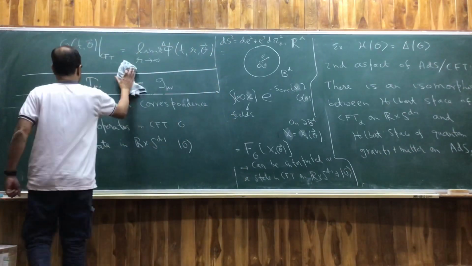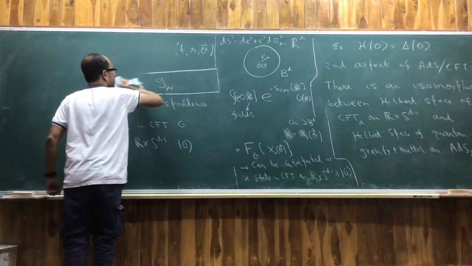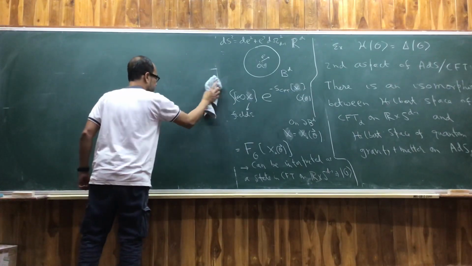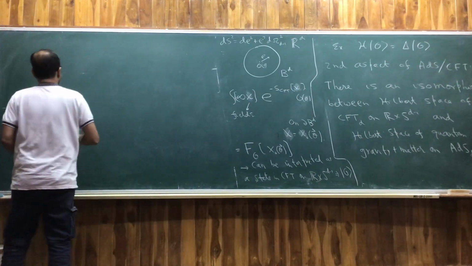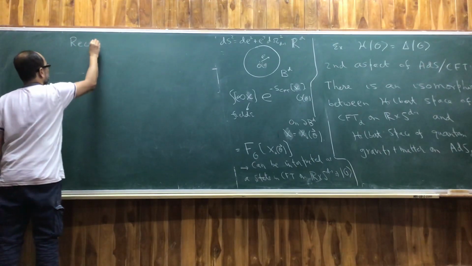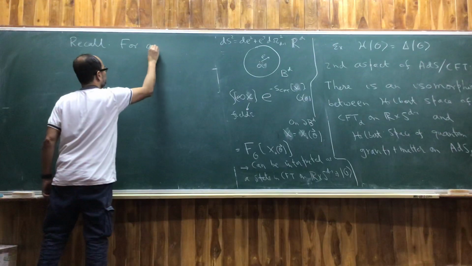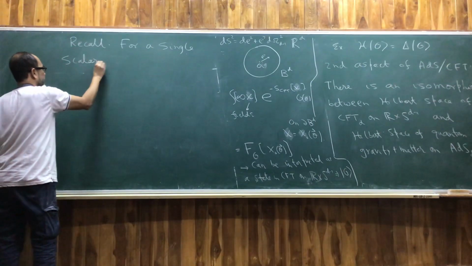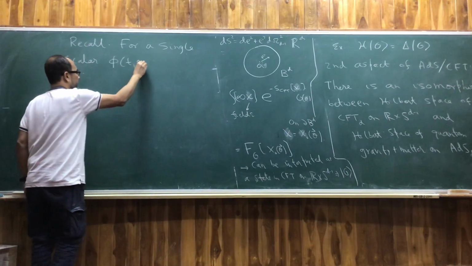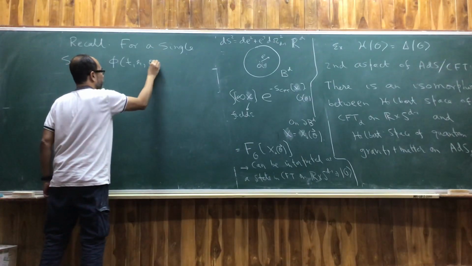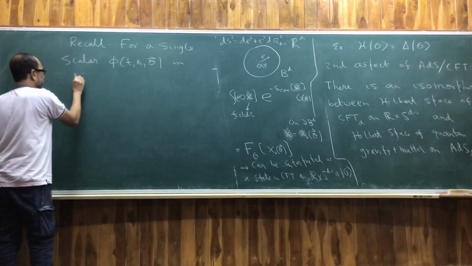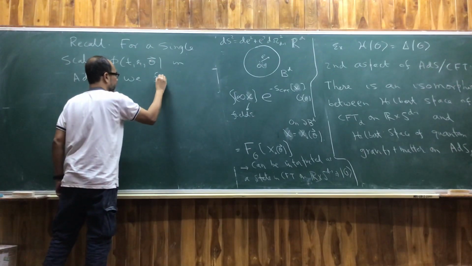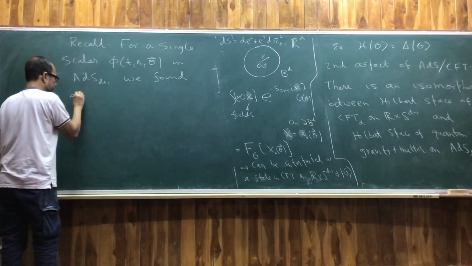Let me remind you what spectrum we got on the AdS side. Let's recall that for a single scalar field phi(r, t, theta) in AdS D plus 1, we found an infinite number of states.